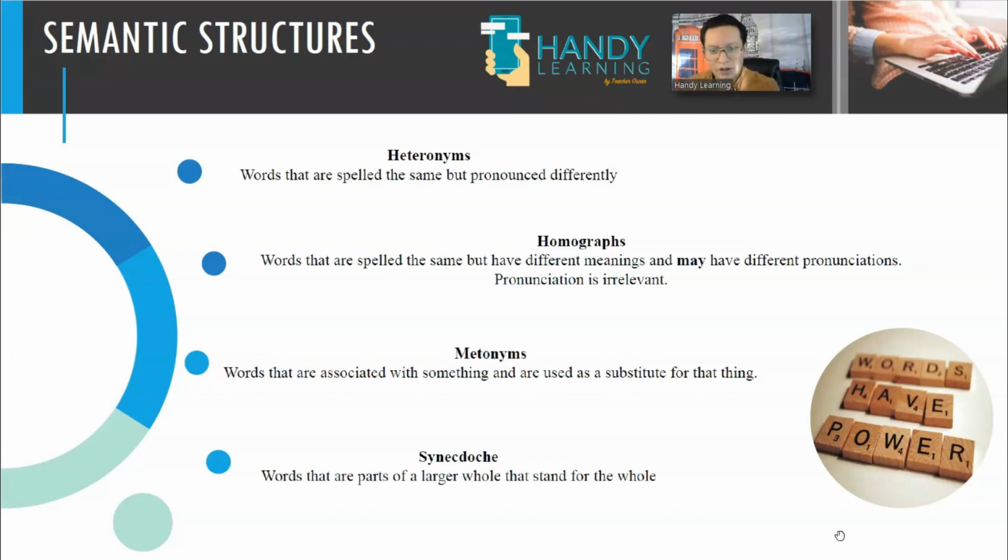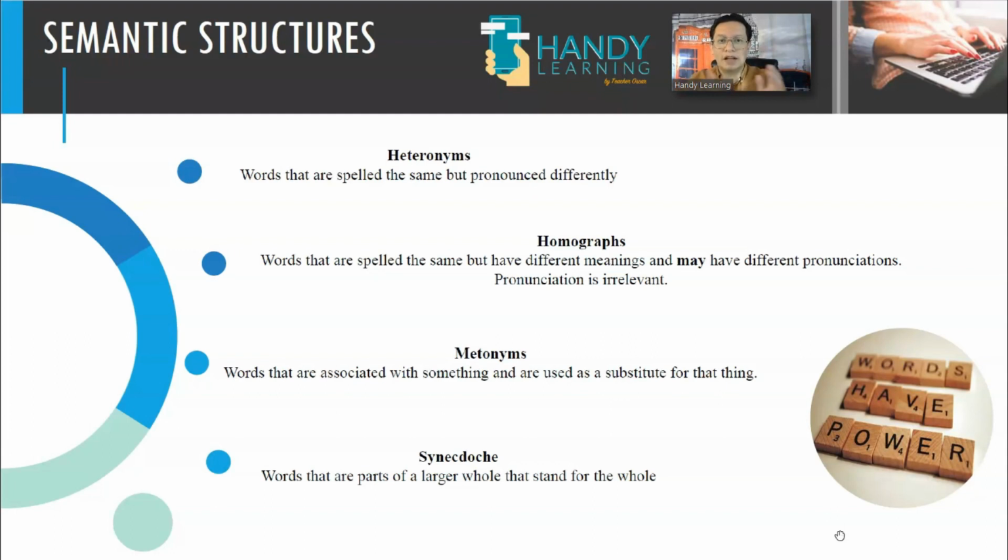And synecdoche are words that are parts of a larger whole that stand for the whole. I need to explain the difference between a metonym and a synecdoche. For example, metonym, let's take the word crown. When we talk about the crown, we can be referring to the royalty.